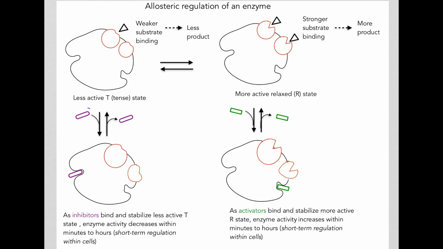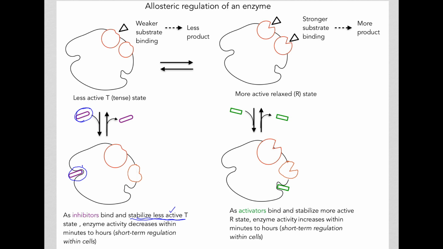If the modulator is an inhibitor, the modulator will bind to the allosteric site on the enzyme, and that binding of the inhibitor to the enzyme will stabilize the T state of the enzyme, the less active T state of the enzyme.